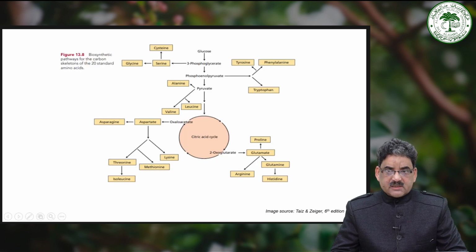All amino acids originate from intermediates within glycolysis, the citric acid cycle, or the pentose phosphate pathway, as you can see in the figure. Nitrogen is incorporated into this pathway through the involvement of glutamate and glutamine.